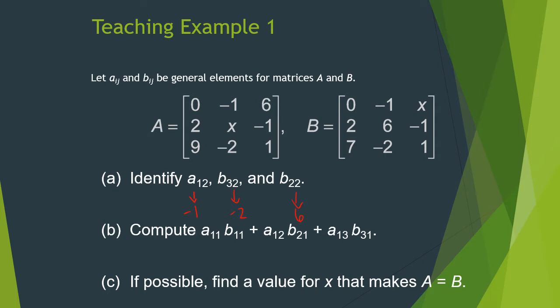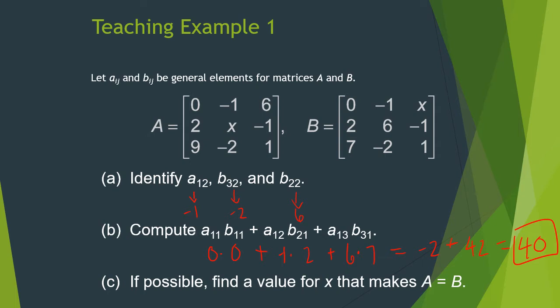A11 is 0 times B11 is 0, plus A12 is -1 times B21 is 2, plus A13 is 6 times B31 is 7. That gives me -2 plus 42, which equals 40. Pretty simple, right?